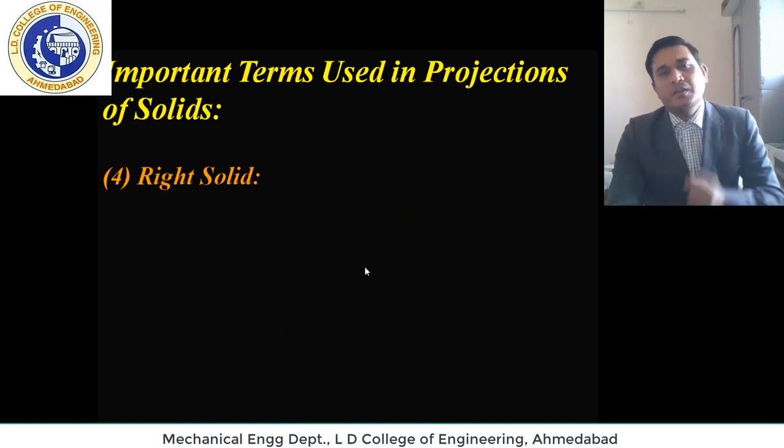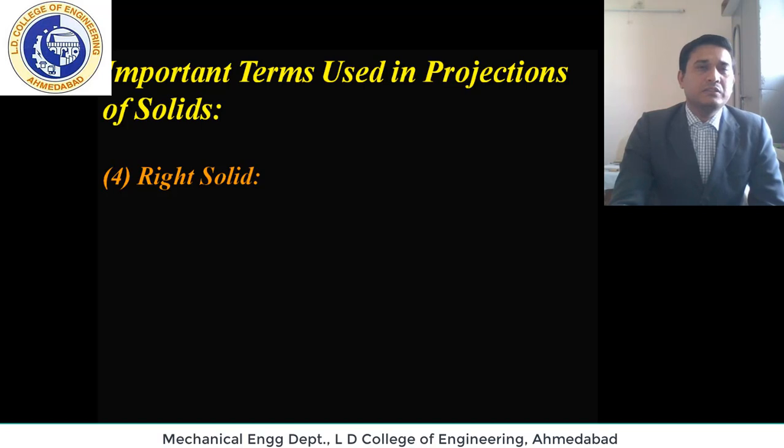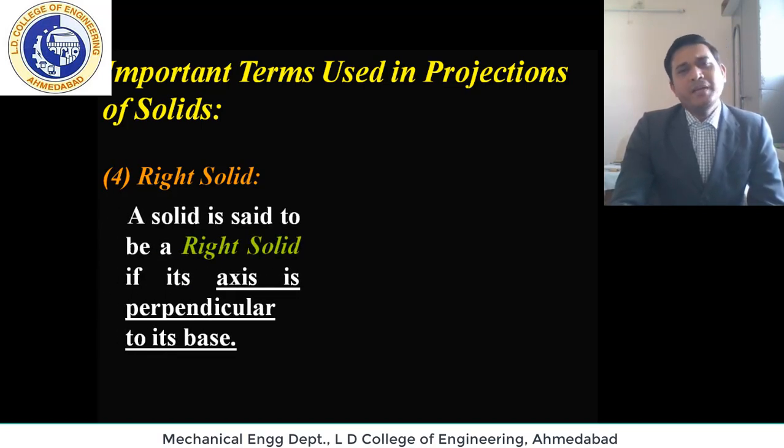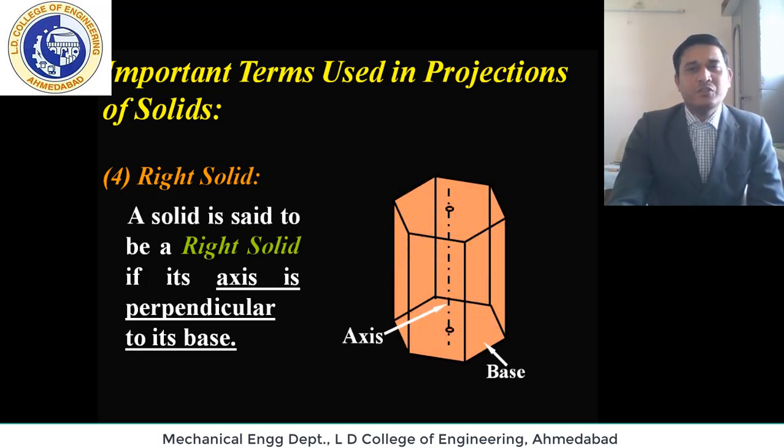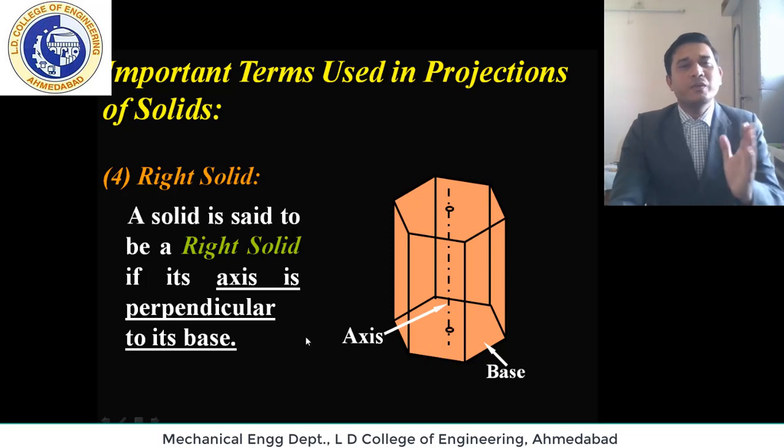Now, one most important terminology is right solid or oblique solid. So what is meant by a right solid? Friends, a solid having its axis perpendicular to its base, as shown in this figure. This is the base of the prism and this is the axis. If the axis is perpendicular to the base, it's known as a right solid.